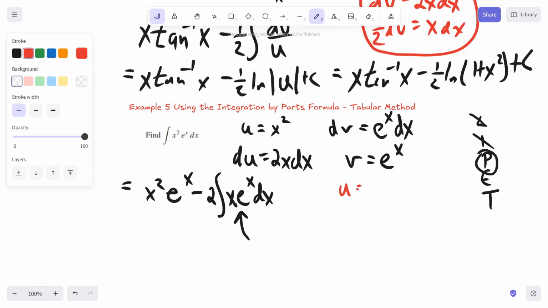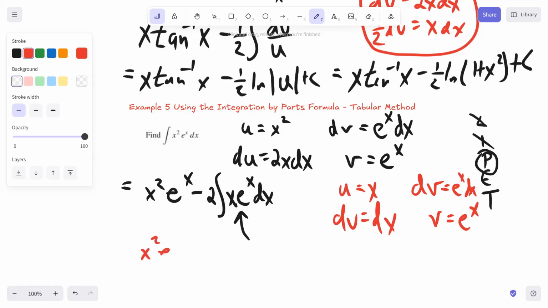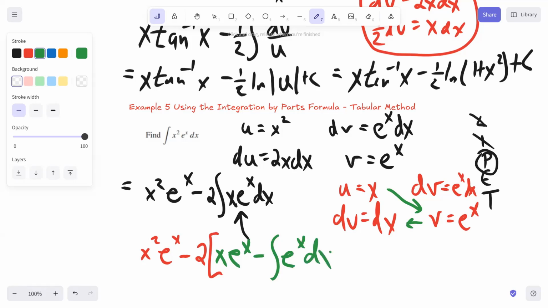So here I would pick u equals x, dv equals e to the x dx, du is dx, and v equals e to the x. So you have to be careful because you have the x squared e to the x, and I factored that 2 out, but it's a -2. So I have to multiply -2 times the result from the integration by parts. So uv minus the integral of v du.